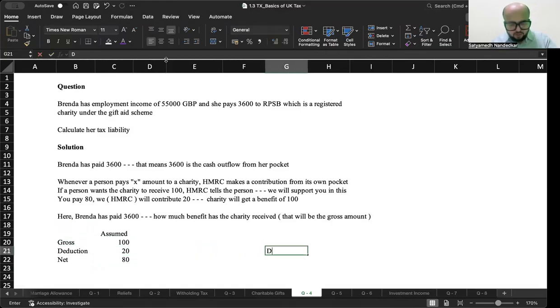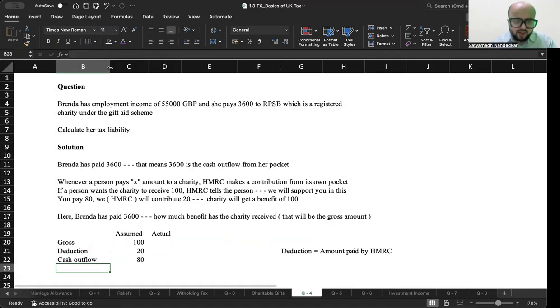When I say deduction, it means the amount paid by HMRC. How much is the cash outflow? Cash outflow for Brenda is 3600.